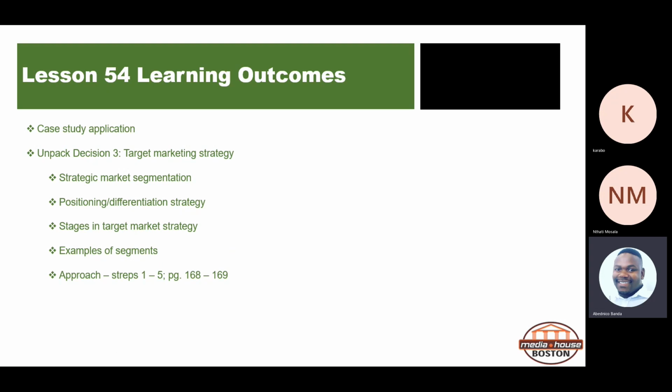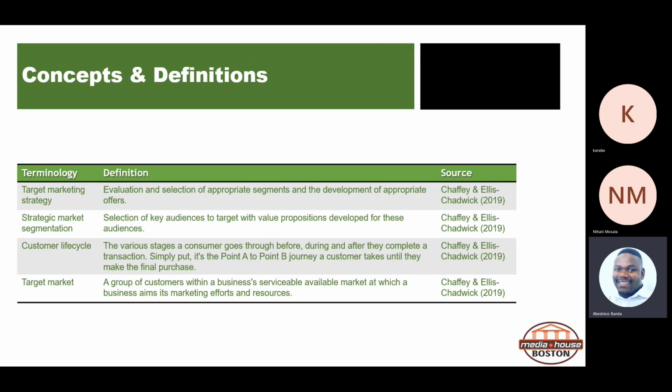So now we are going to discuss how all these concepts, all these theories that we've discussed in lesson 53 are going to fit in reality. So we continue with the same key terms for decision 3, which is target marketing strategy, strategic market segmentation, customer lifecycle, and target market.